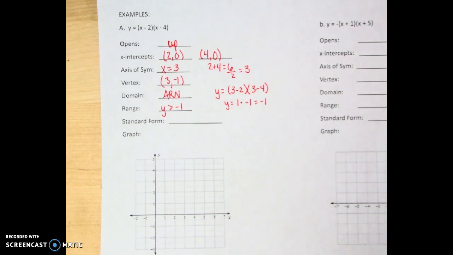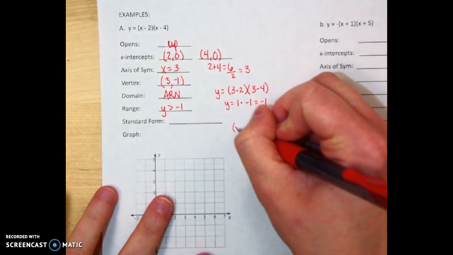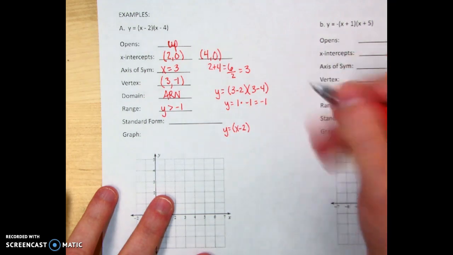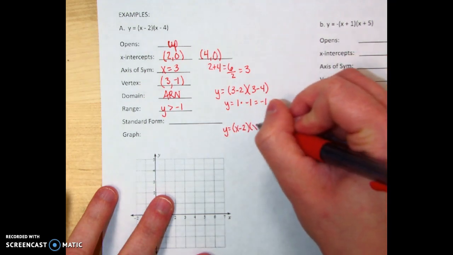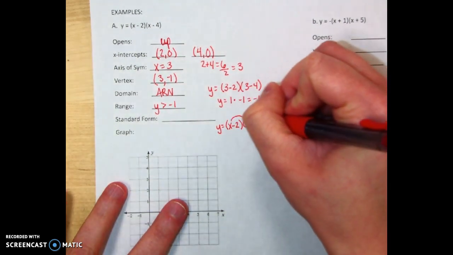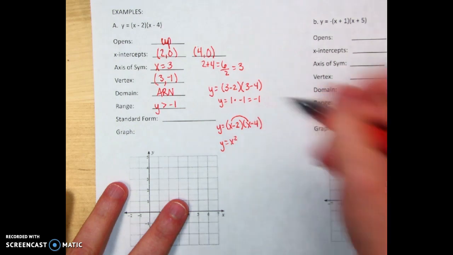Okay, and the other more difficult part is the standard form part of it. So this is the part where we multiply it out. So I take x minus 2, actually it's y equals x minus 2, times x minus 4. And we did this earlier in the year where you multiply x times x. So that's x squared.